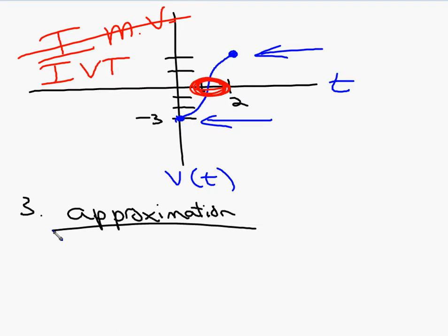It did not say exact. It said approximation. And then I'll explain that in a minute. Find an approximation for v prime of 10, and explain the meaning of v prime of 10 in terms of the motion of the particle. Show the computations that lead to your answer and indicate units of measure.